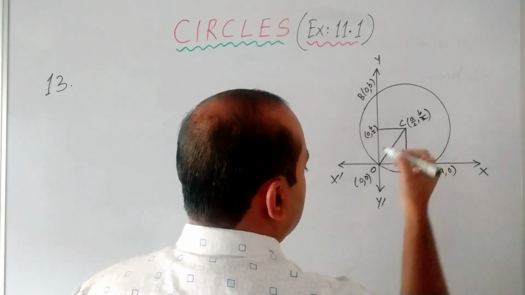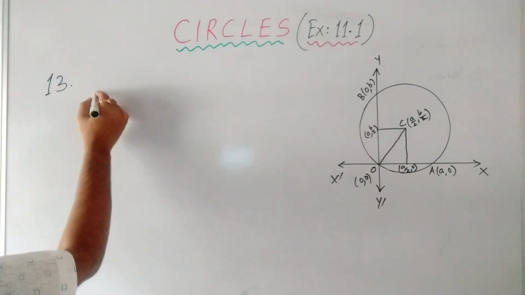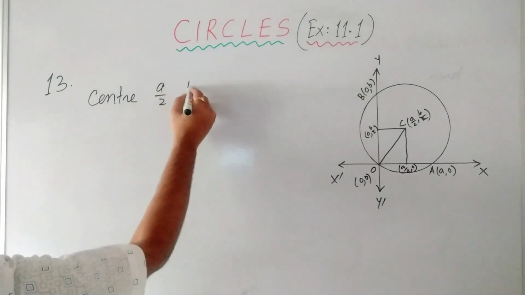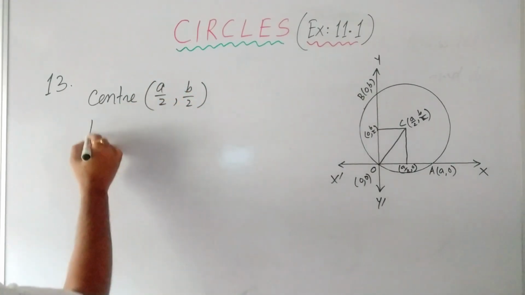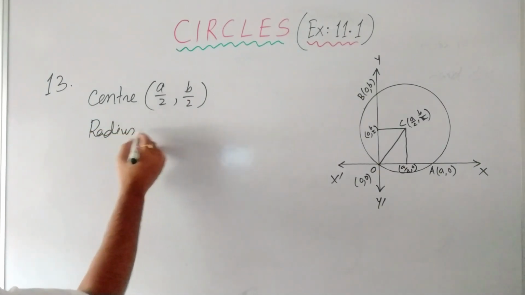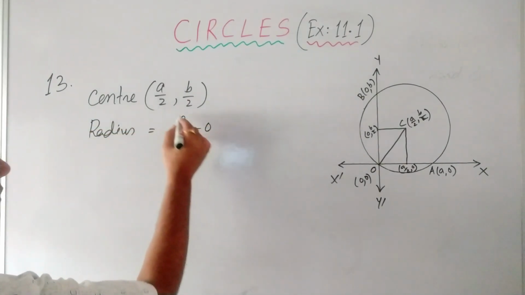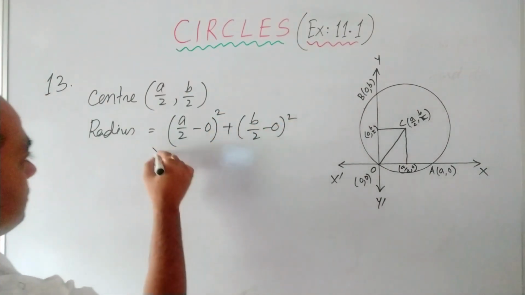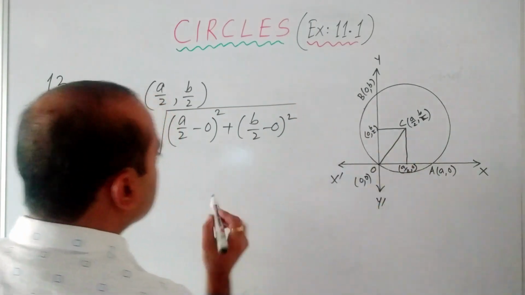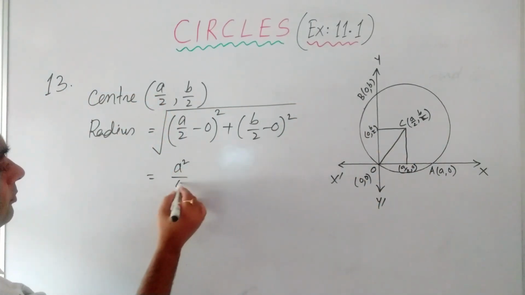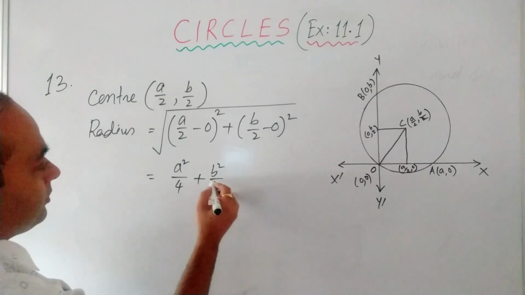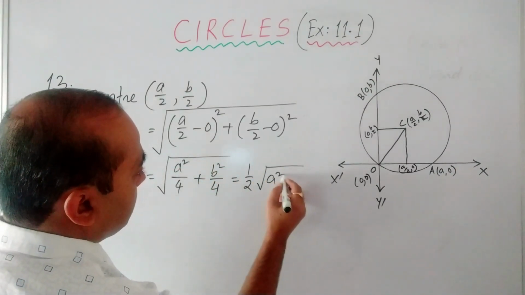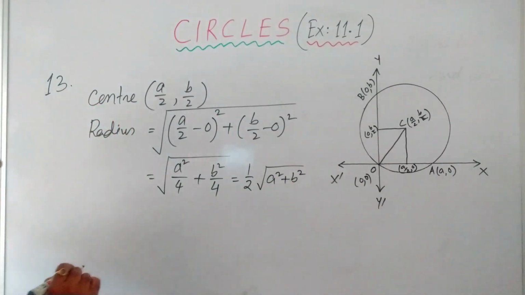The center is (a by 2, b by 2), and its radius, by the distance formula, is the square root of (a by 2 minus 0) whole square plus (b by 2 minus 0) whole square, from this point to this point. So we have square root of a square by 4 plus b square by 4, so 1 by 2 square root of a square plus b square. So this is the radius.